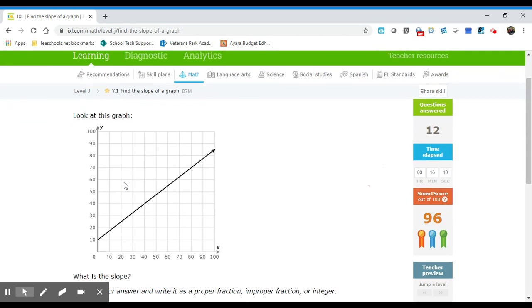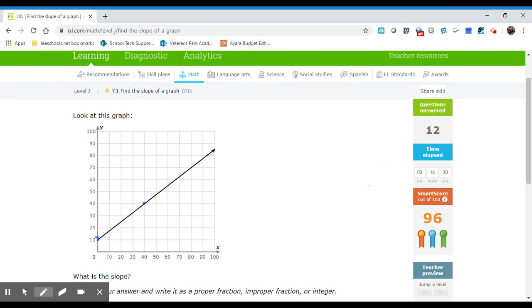I know IXL makes you do so many of these, right? So let's see where our point is. Here's a point that intersects on the little boxes. That looks good right there. And again, we're rising in tens, and we're running in tens.